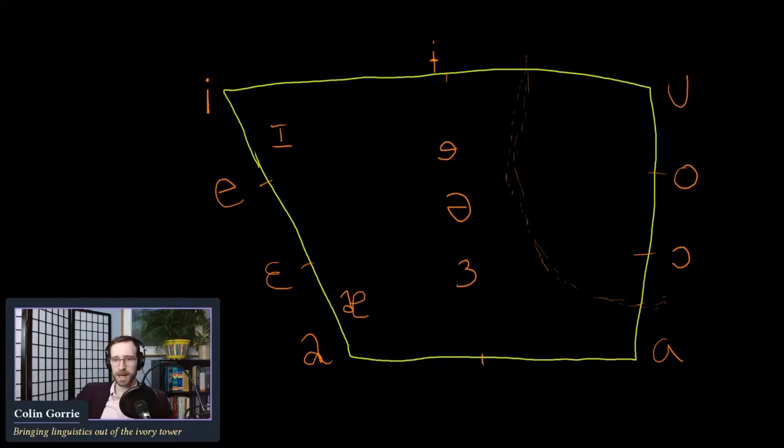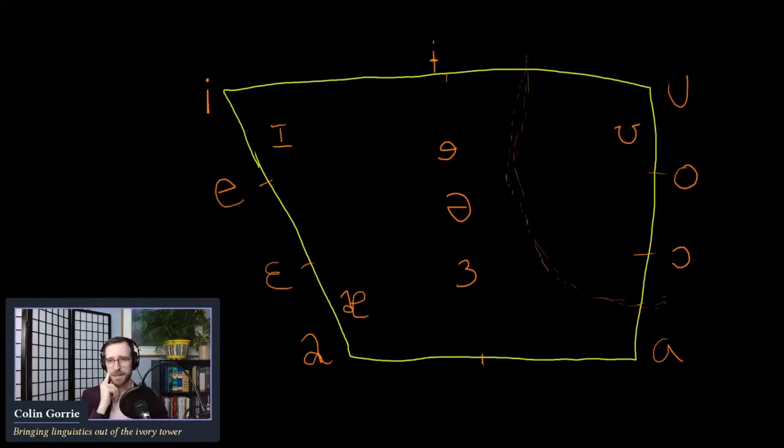So what else do we have? I've also not written the front rounded and the back unrounded vowels. So let's pause before we do that and just let me finish this. So we have this vowel for something that's not quite oo and not quite o. What else do we have?